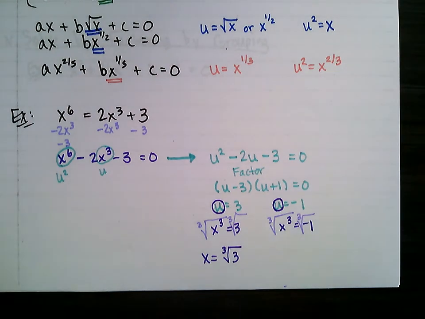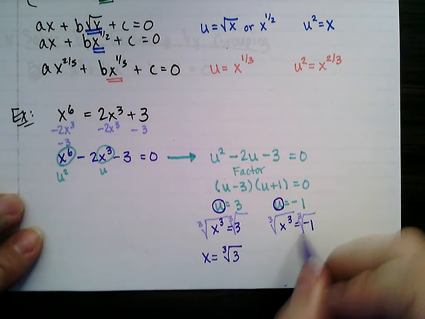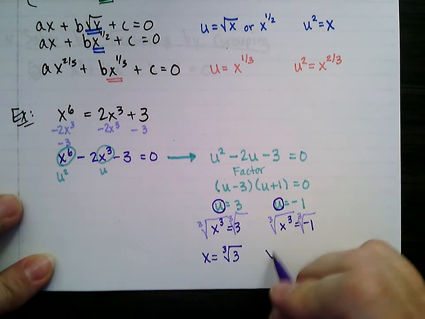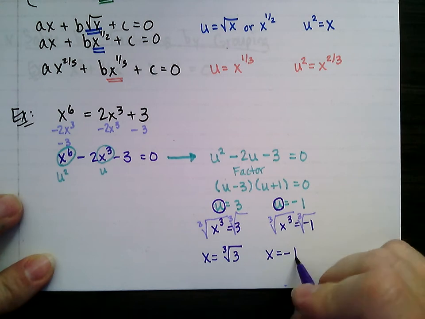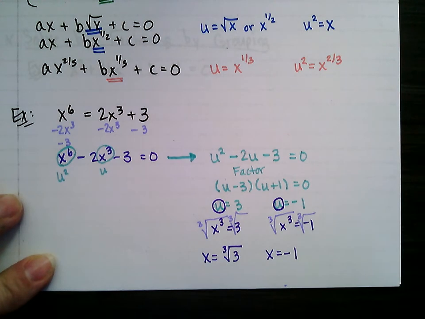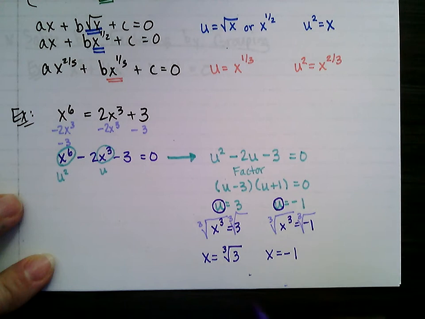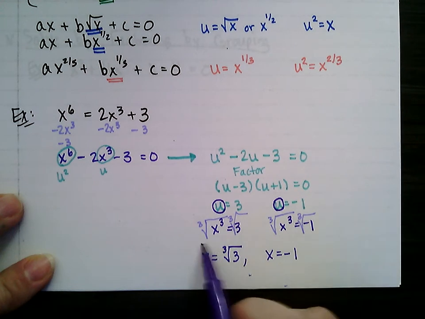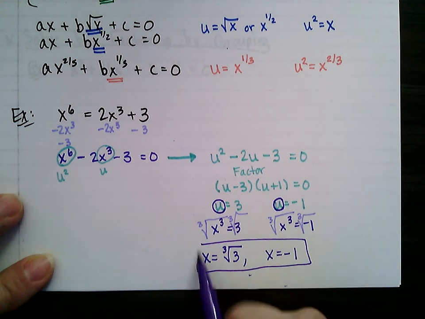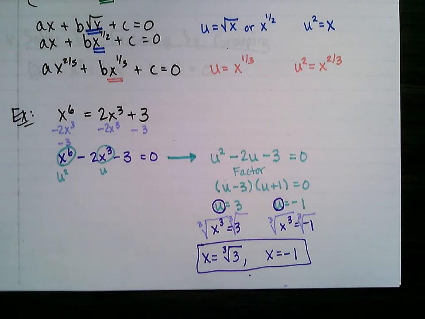Then we need to take the cube root of negative 1, and I will tell you that it is negative 1. The cube root of negative 1 is negative 1. So when you have a cube root with a negative, essentially the negative just goes out front. So those are my two solutions. I don't need to check them. I can just go with it.